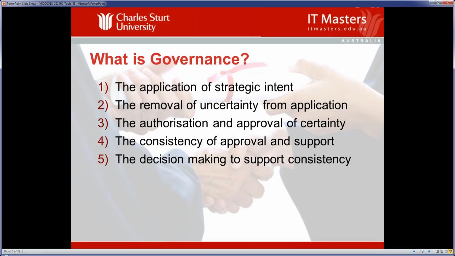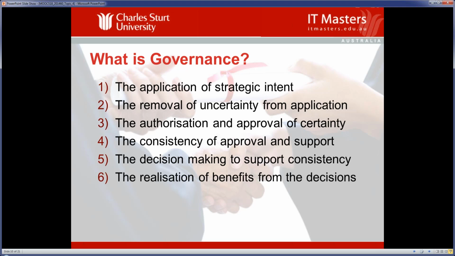So to bring it all full circle, governance is about the realization of the benefits, getting the final outcome, the achievement of the strategic intent via the structured decision making, the billions of decisions that were conducted in such a structured manner that they actually did what we said we were going to do.